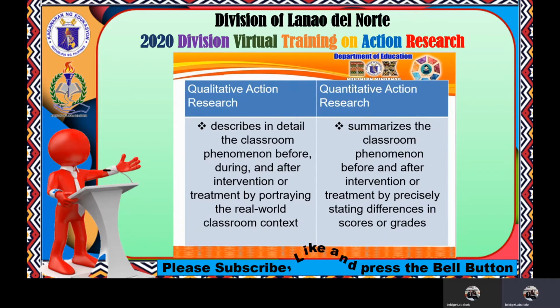So very obvious in this situation, quantitative speaks more on numbers, while qualitative speaks more on feelings or emotions. Another also, in quantitative, there are no scores during treatment, but qualitative action research involves the classroom setting during the intervention or treatment.